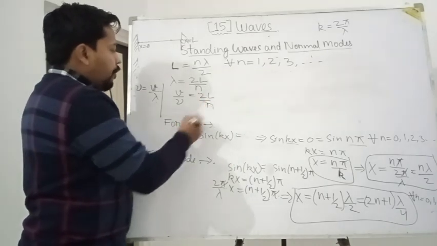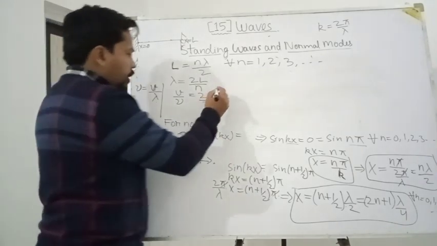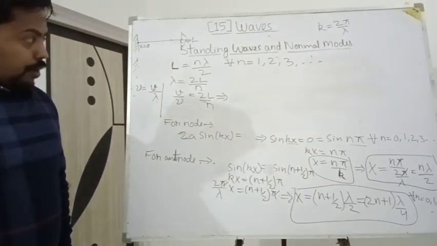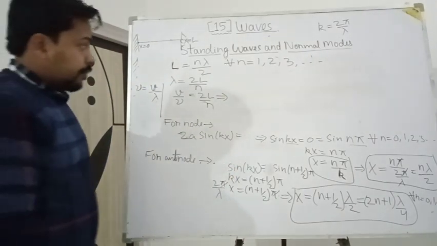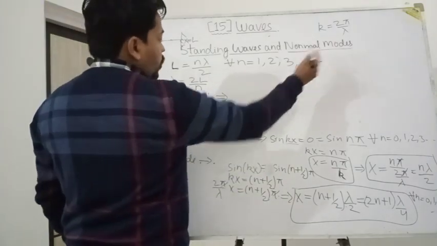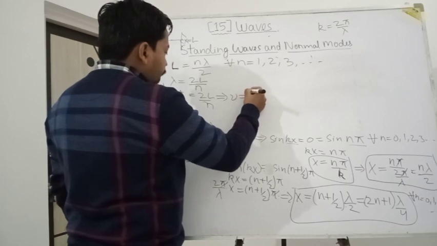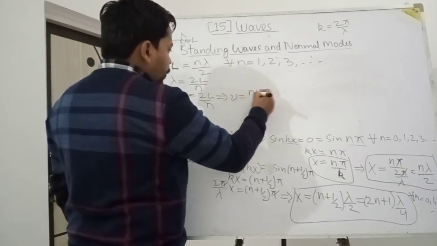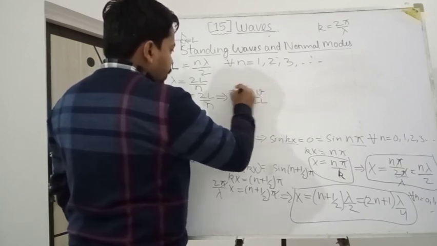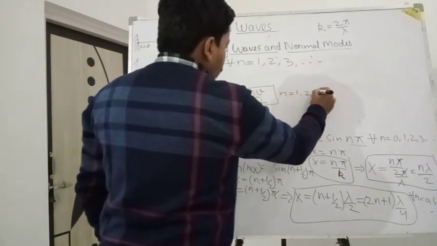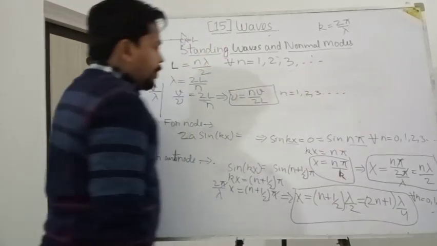So what is the frequency formula we are getting? That will determine the normal modes. The frequency formula we have is f equals n times V upon 2L, where n varies from 1, 2, 3 and so on.